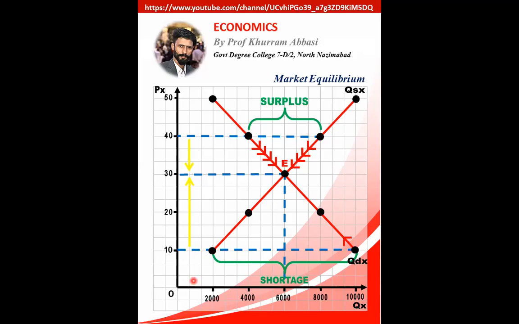When price increases, as per law of demand, demand decreases because there will be many consumers who cannot afford the goods at price 30. That's why they will start decreasing their demand. You can see the demand is decreasing here and demand will move from this point to this point. It means quantity demand decreases from 10,000 units to 6,000 units.